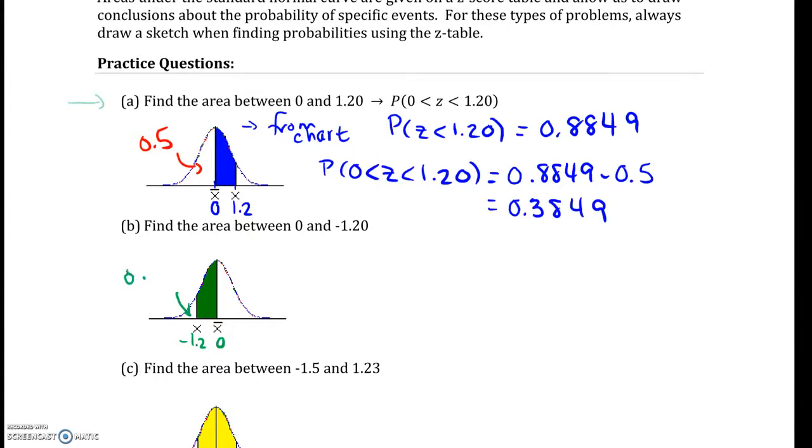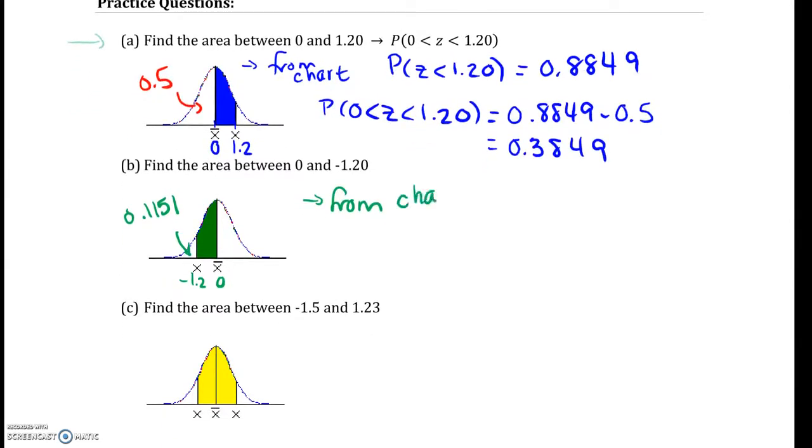So 0.1151 is the probability that Z is less than negative 1.20.